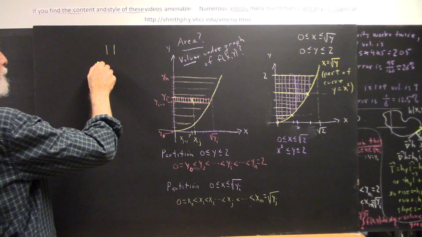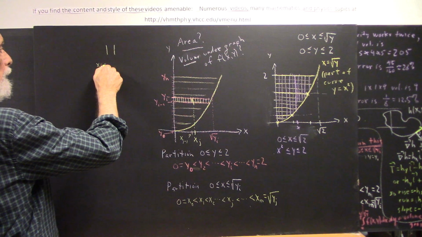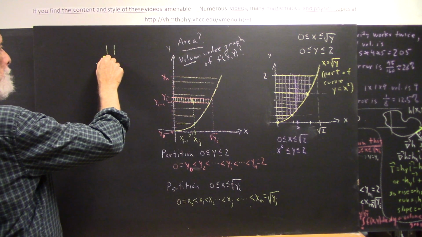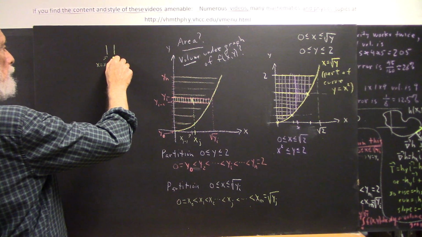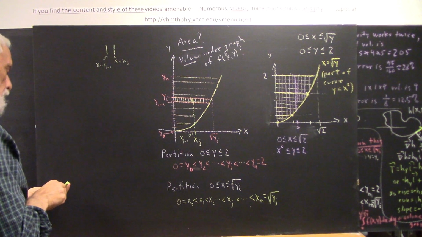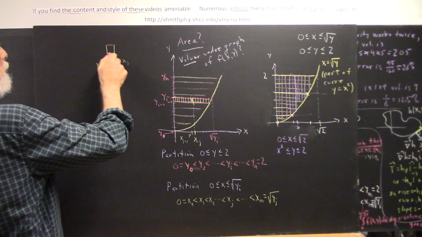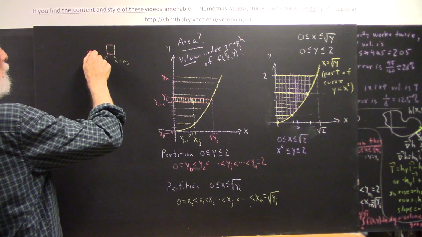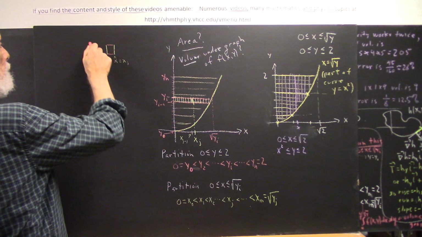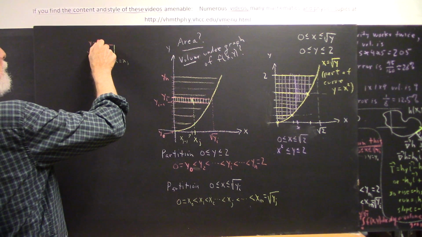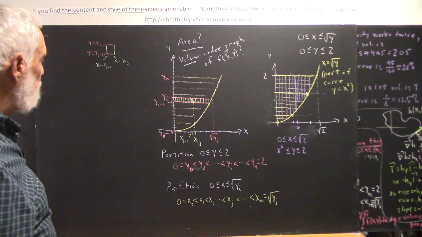At this end, x equals x sub j minus 1. Over here, x equals x sub j. Here, y equals y sub I minus 1. Here, y equals y sub I.